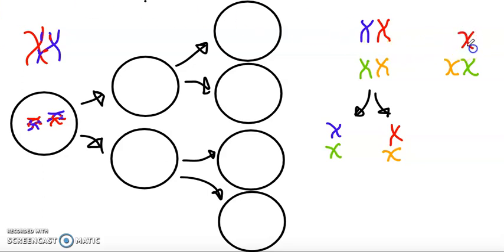And let's say that the blue and the red remained the same. And now we're going to separate them out. This is after meiosis 1, of course. And it's going to look like this.